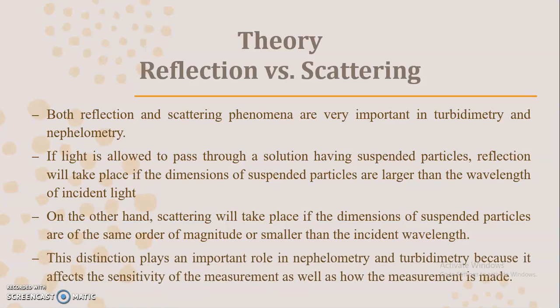And this distinction plays an important role in nephelometry and turbidimetry because it affects the sensitivity of the measurement as well as how the measurement is made. So this is the basic difference between scattering and reflection, and it leads us to the different techniques, that is nephelometry as well as turbidimetry.